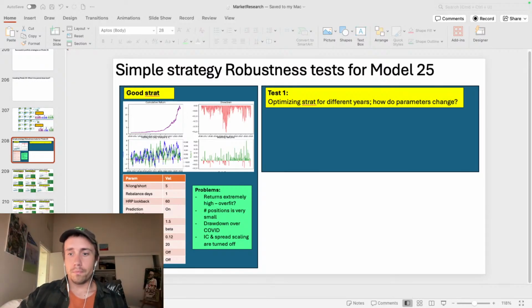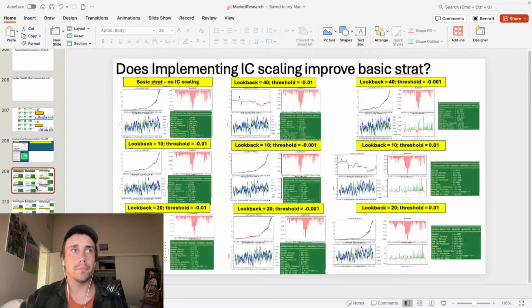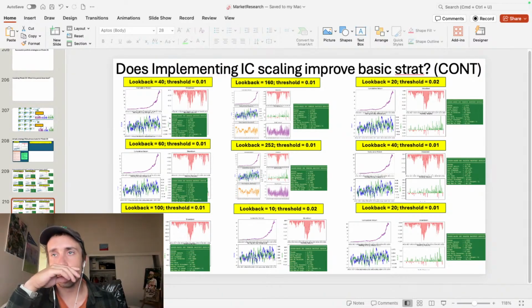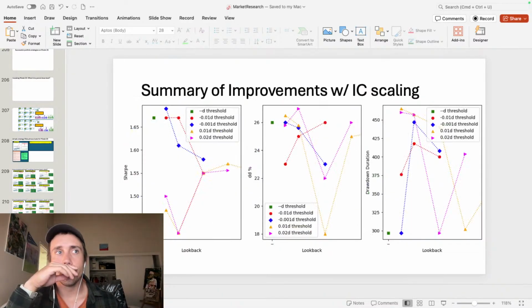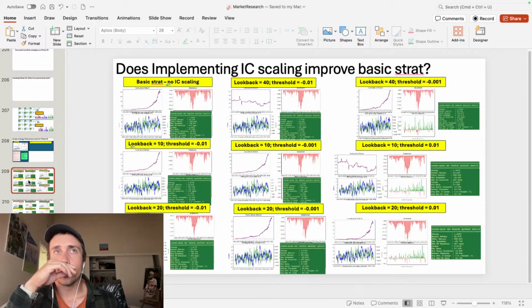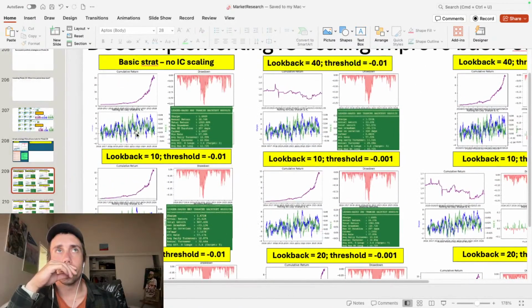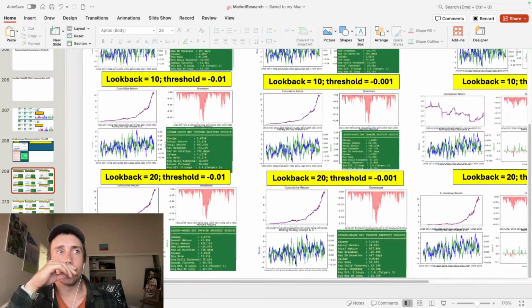Yeah, I don't know. So there's nothing clearly improved anything here. That low drawdown duration was happening anyway with just the volatility scaling.